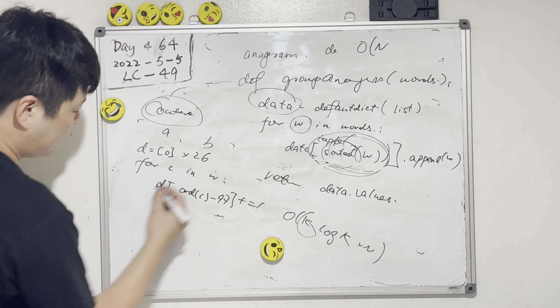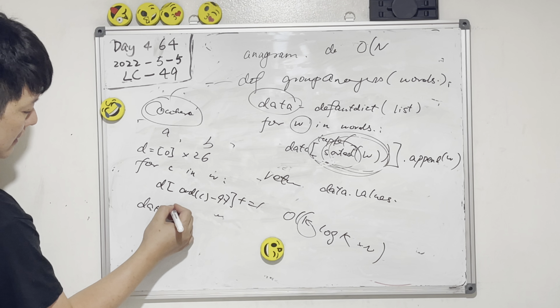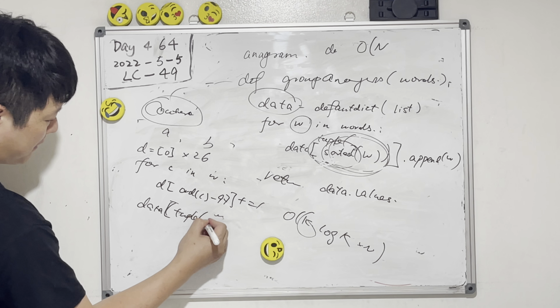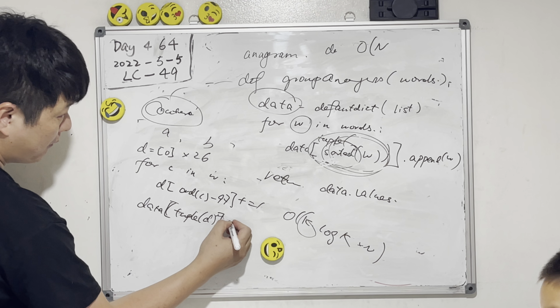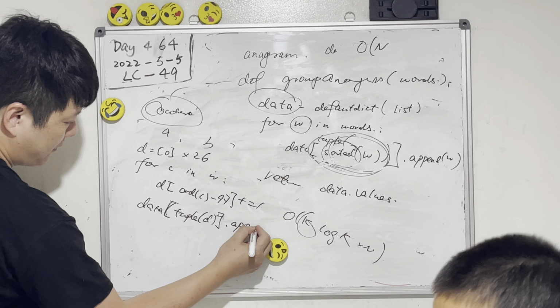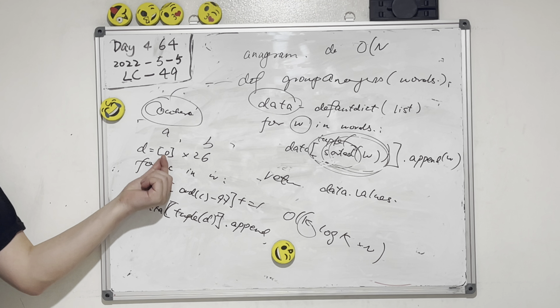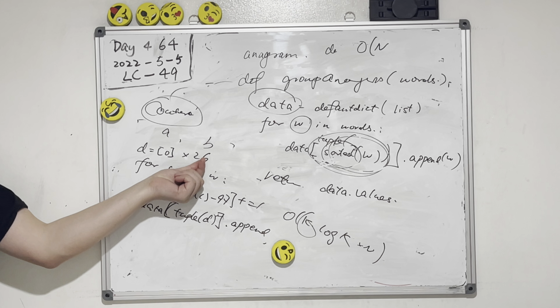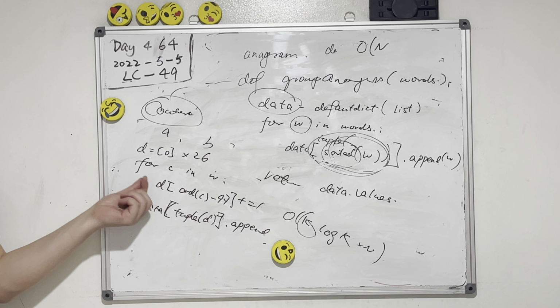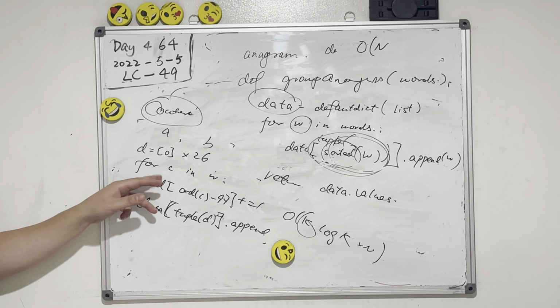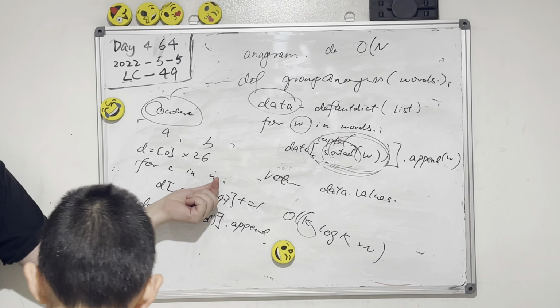Then data[tuple(d)].append(w), which is the same as before. d is an array of 26 elements representing the number of times each lowercase character is used.